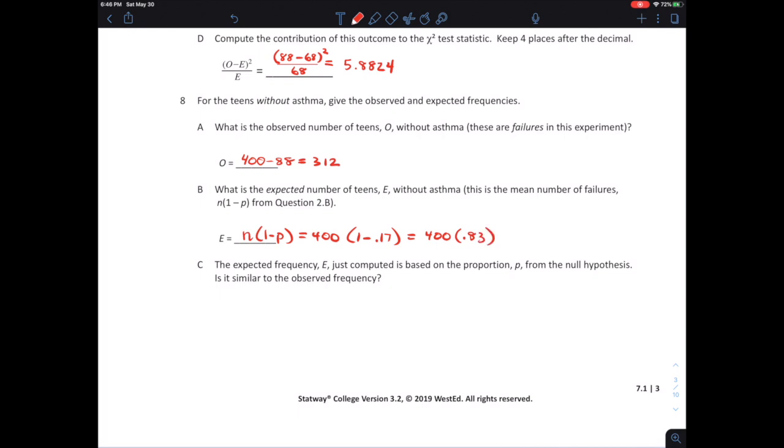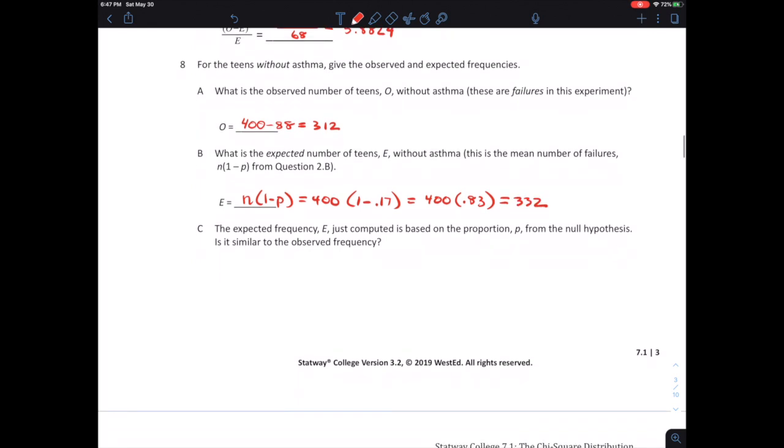If 17% of boys have asthma, then 83% don't. So how many do we expect without asthma? Well, 83% of the 400 boys. You just multiply that out. Feel free to pause. You should have gotten 332. So that's the expected number of boys.